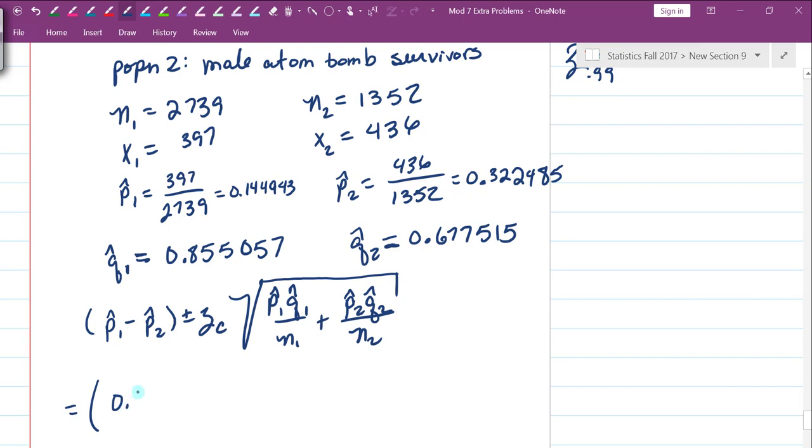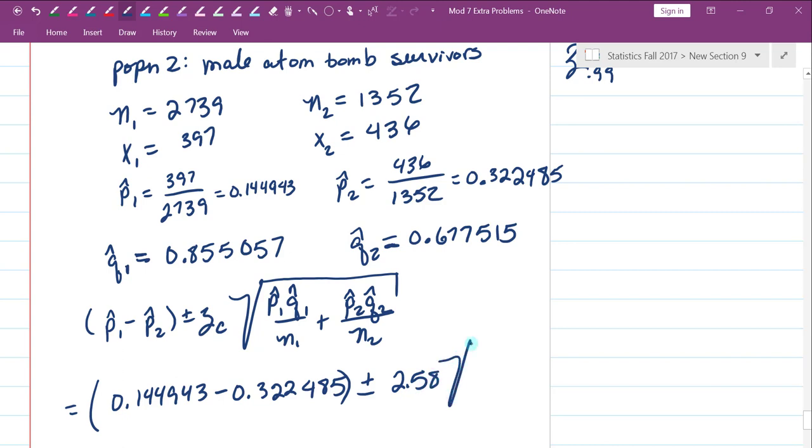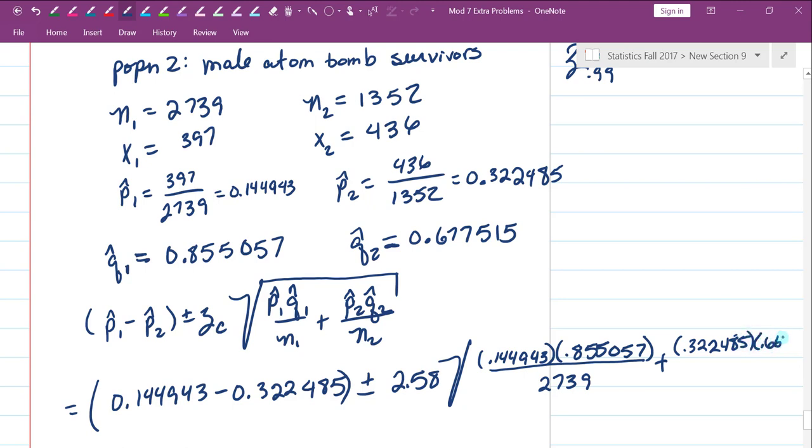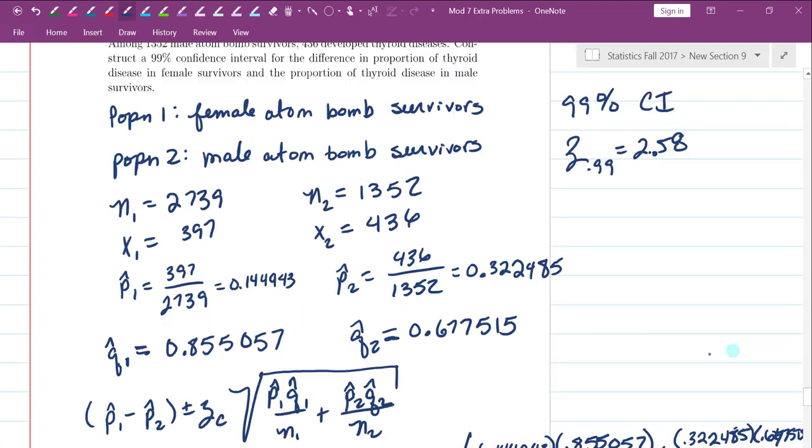So 0.144943 subtract 0.322485 plus or minus 2.58 times the square root of 0.144943 times 0.855057 divided by 2739 plus 0.322485 times 0.677515.